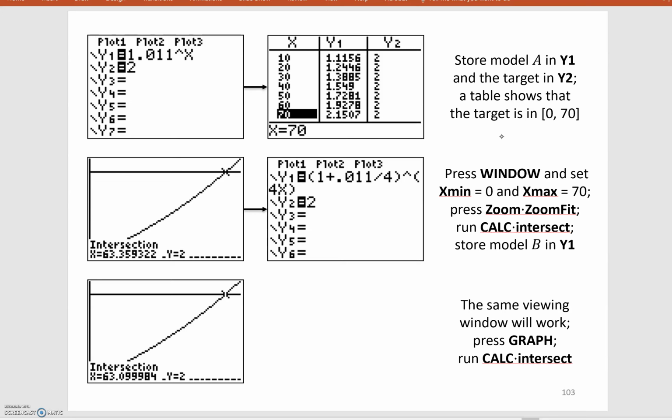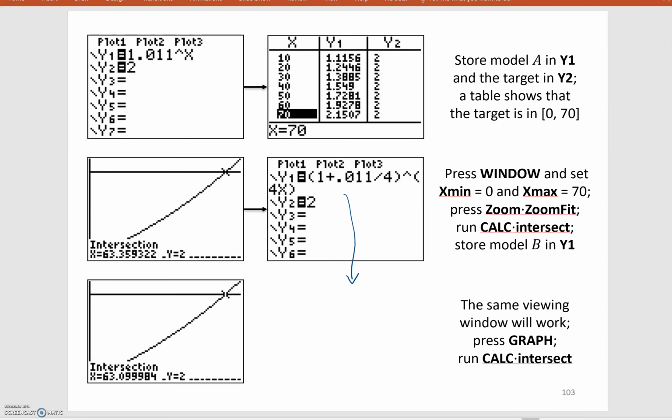So to actually compute this, this is for the annual model, what you're looking at here in the first box. And then we get our window as we normally do and do calc intersect, and you get 63.36. For the quarterly compounded model, I'm kind of paranoid with doing parentheses, so here's the way that I would type this in.